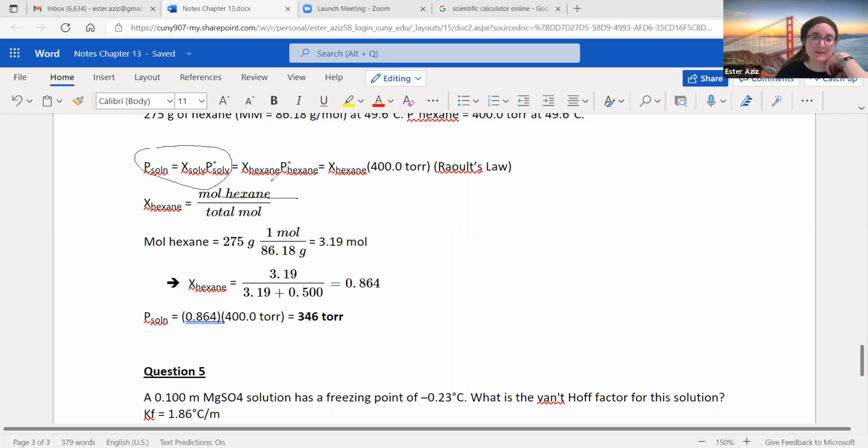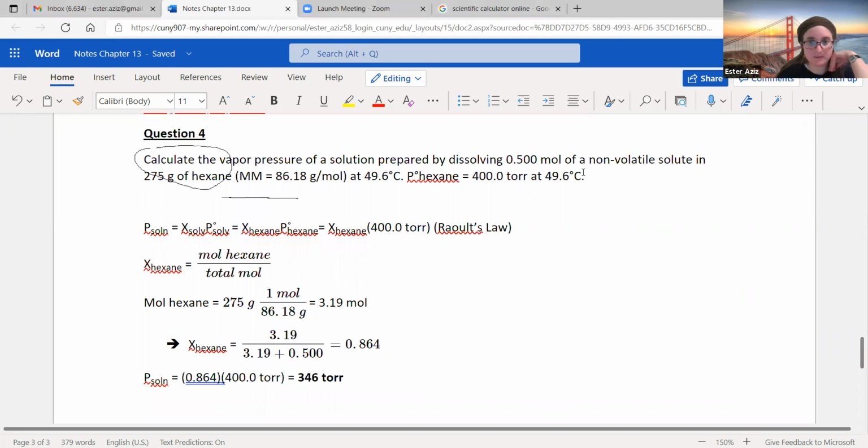In this case, we're talking about hexane, because you're dissolving this into hexane. So it would be X of hexane times the vapor pressure of pure hexane. And this is called Raoult's law.